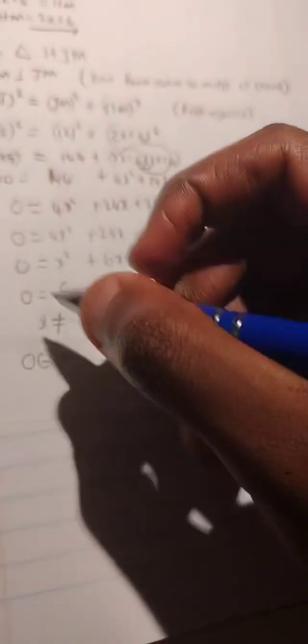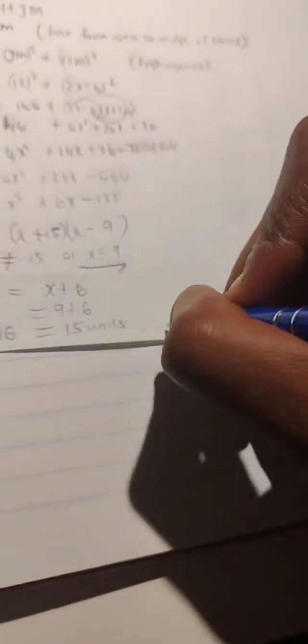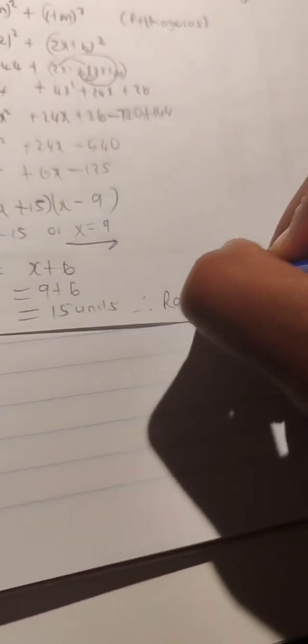So I'm just going to say OG is equal to x plus 6. 9 plus 6 is 15. 15 what? Units. That's OG. Therefore, you just say the radius of the circle is 15 units.